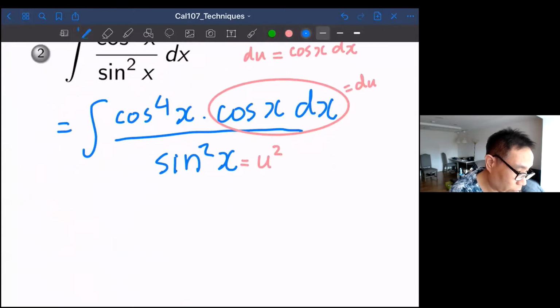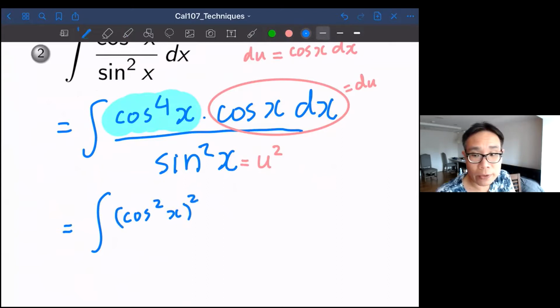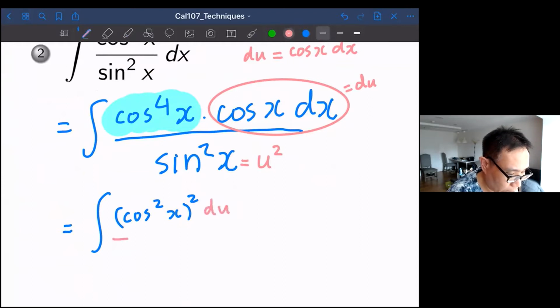So let's work on cos to the fourth here. Cosine to the fourth can be written as cosine square, squared, and this term turned out to be du over u square on the bottom.